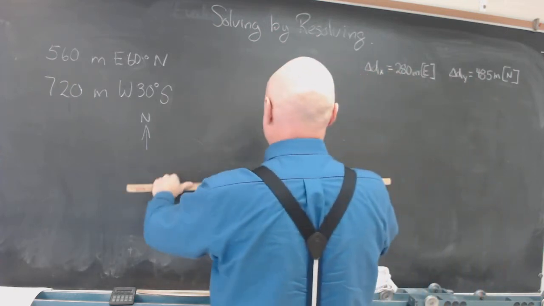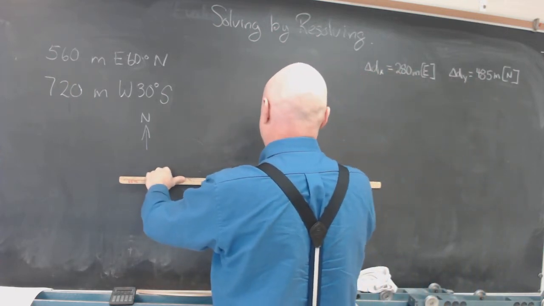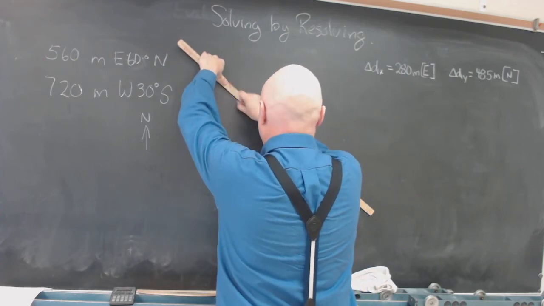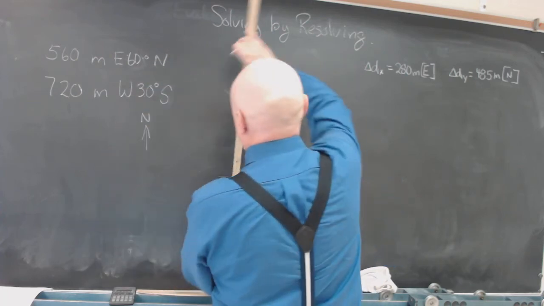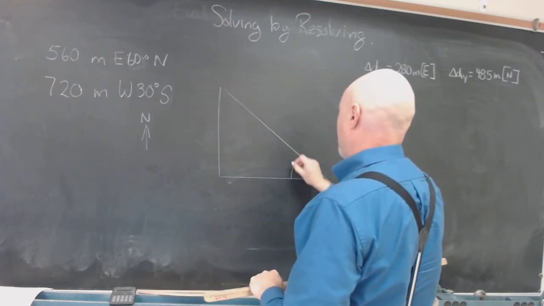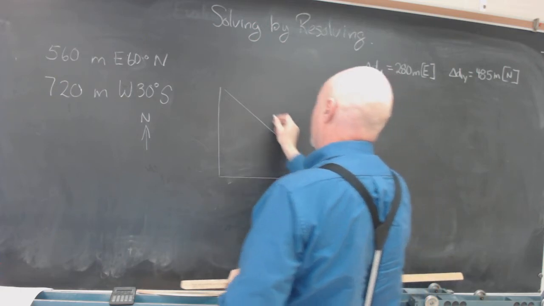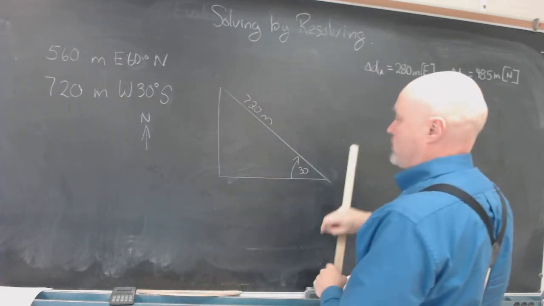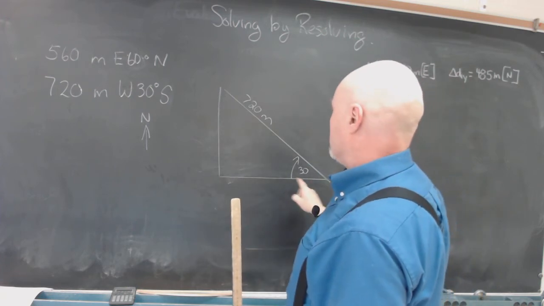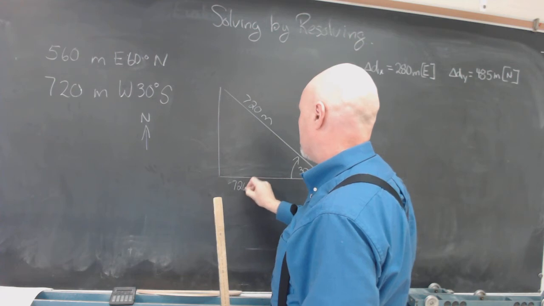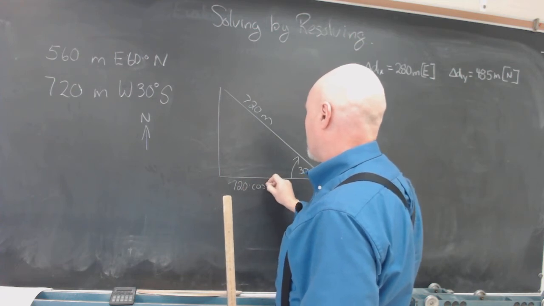So we're starting in the west, and we're going up about 30. That's about 30, I'm guessing. I am guessing, by the way. So there we go. This is 30 degrees. This is 720 meters, the hypotenuse. And so this is the adjacent side, and so this is going to be 720 times cosine of 30.